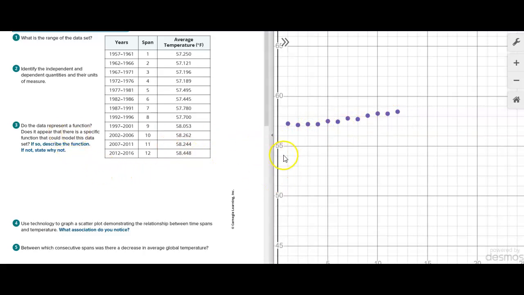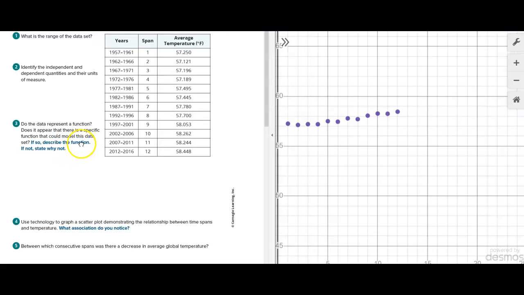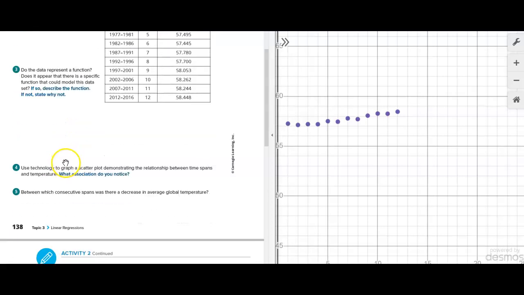And now you're able to answer that question better about, is this a function? So look at this data and ask yourself, does this graph pass the vertical line test? And then explain why or why not it's a function. So then if you're going down here, now that you've used technology to make the scatter plot showing the relationship between the time spans and the temperature, what association do you notice?